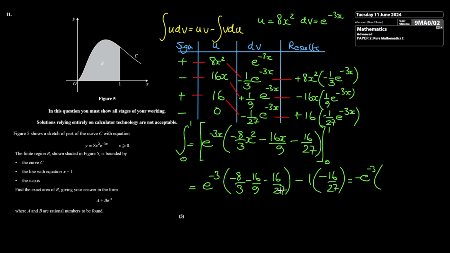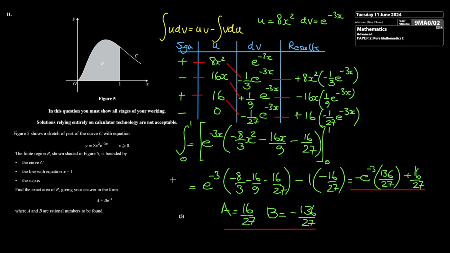If I put this all on a common denominator of 27, I get 136 over 27, and this term will be positive 16 over 27. So comparing with what they're suggesting here, I can say that A is equal to 16 over 27, and B is equal to negative 136 over 27.